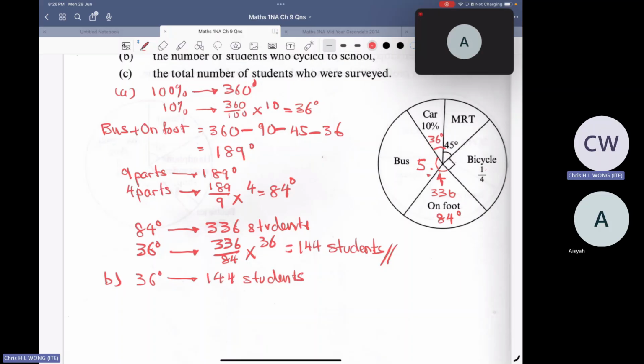All you need to do is to find 90 degrees. It is 144 divided by 36 times 90, which gives you 360 students.